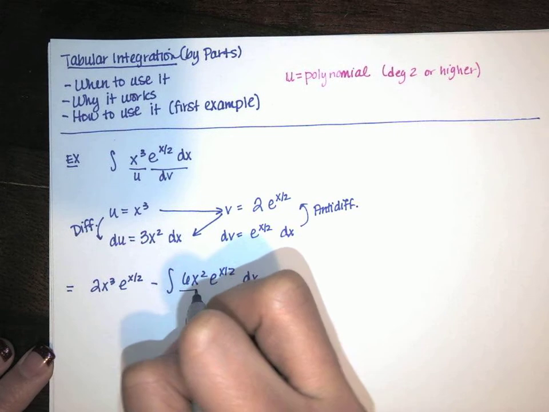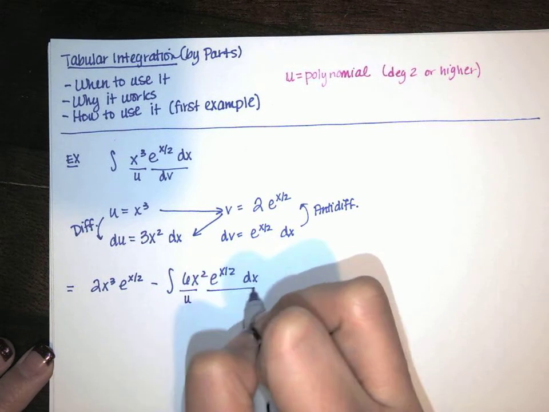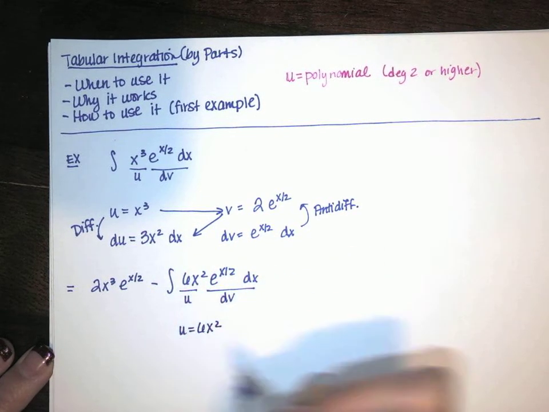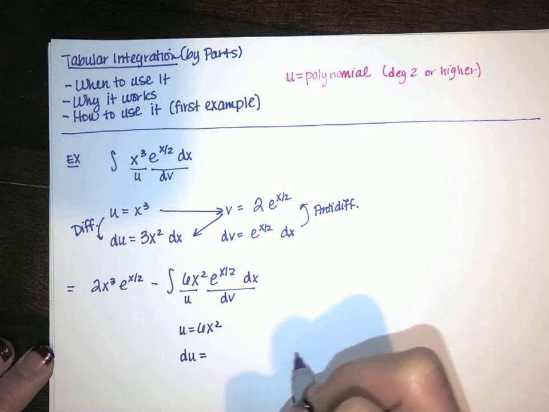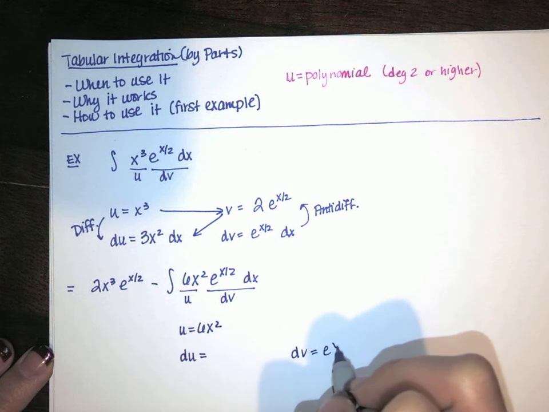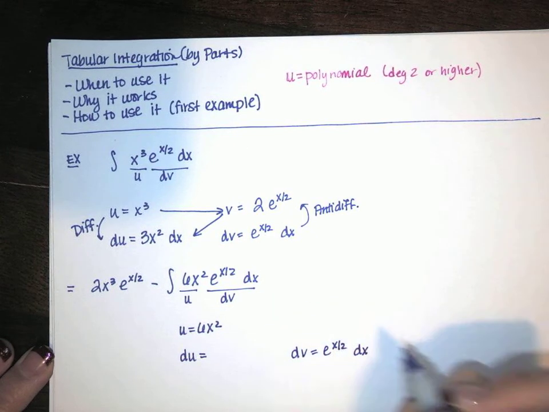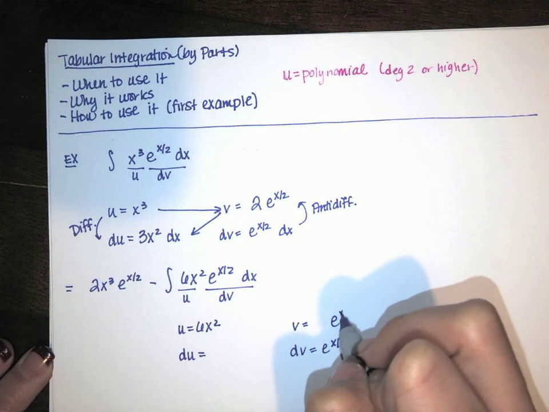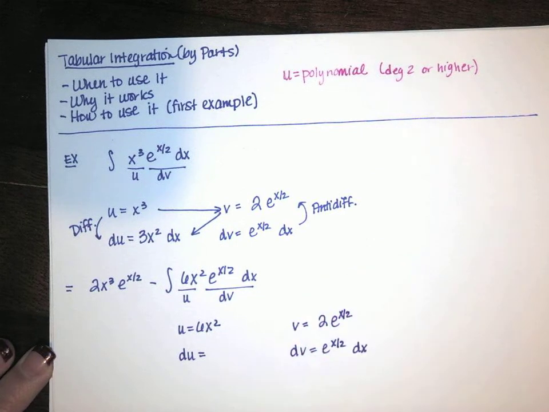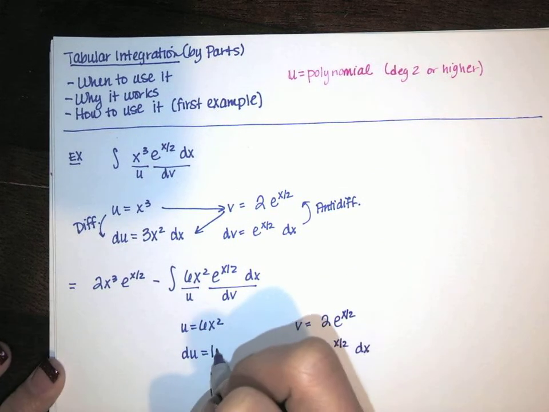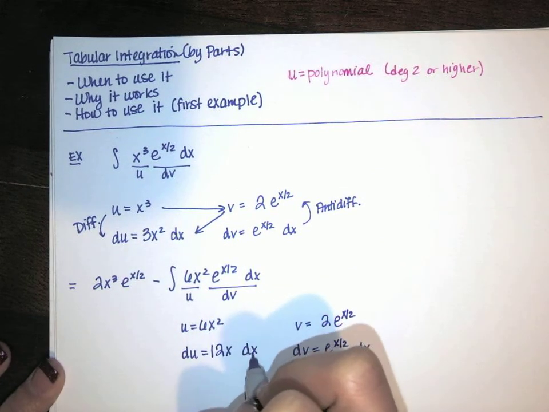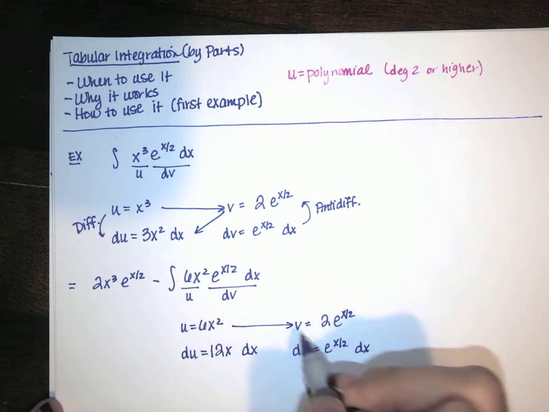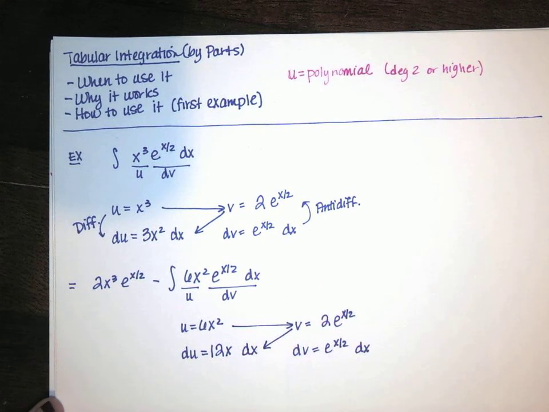So I'm going to let u equal the polynomial, let dv equal everything else. Take the antiderivative of dv. Take the derivative of u, don't forget to multiply by dx. And then according to integration by parts, we get uv minus the integral of v du.